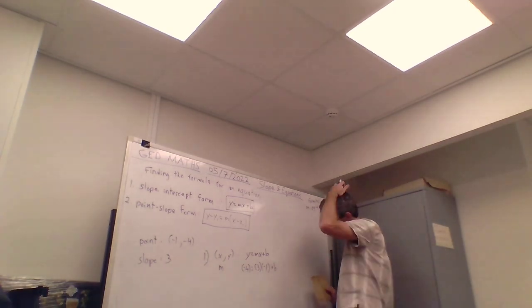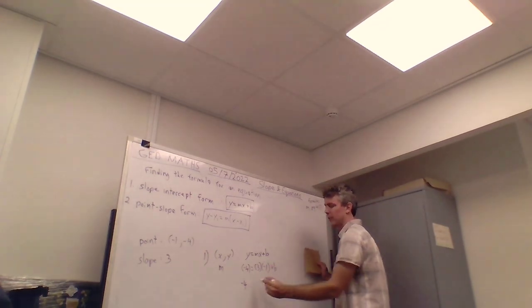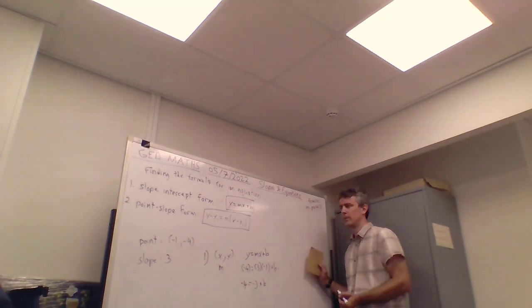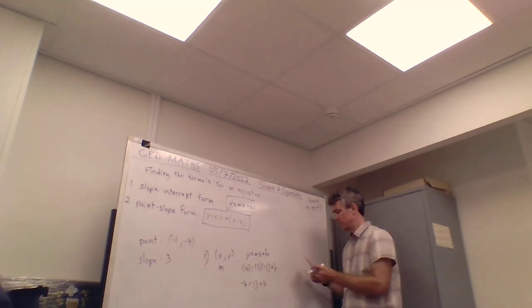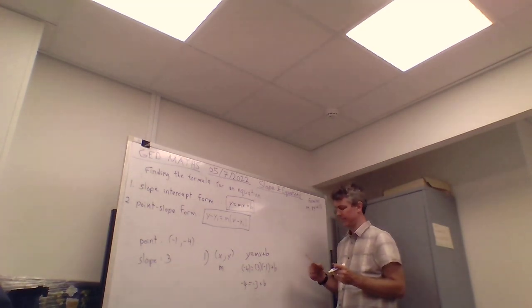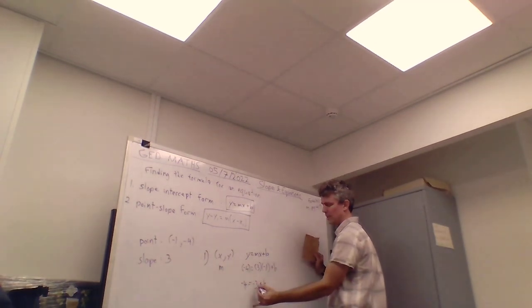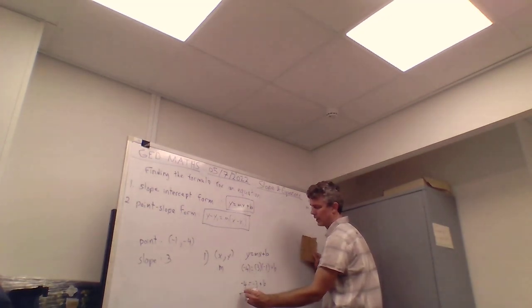Okay? So this is -4. What's 3 times -1? -3 plus b. Okay, how do we get b? We add 3. So we add plus 3 to both sides.